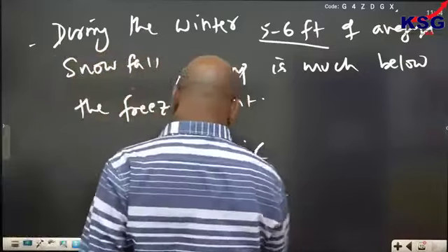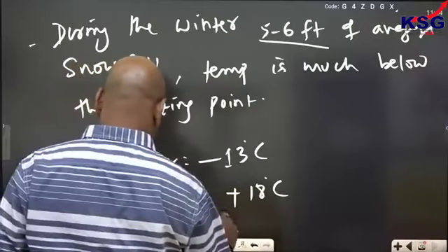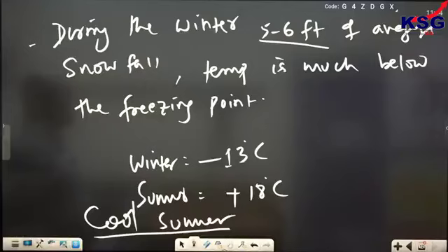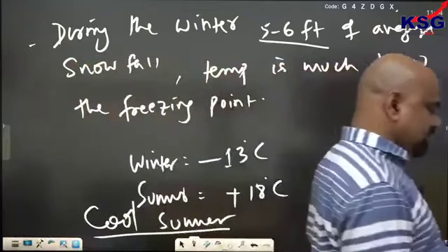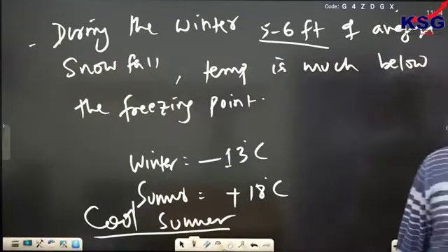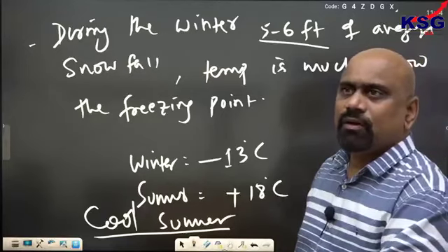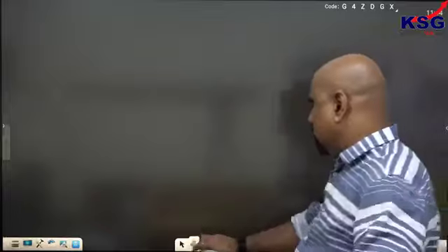So summer is cool, winter is very cold: -13 degrees Celsius during the winter, plus 18 degrees Celsius during the summer. On an average, this is the case here.